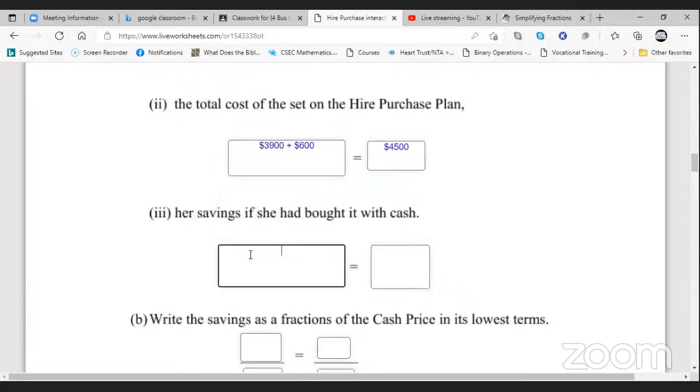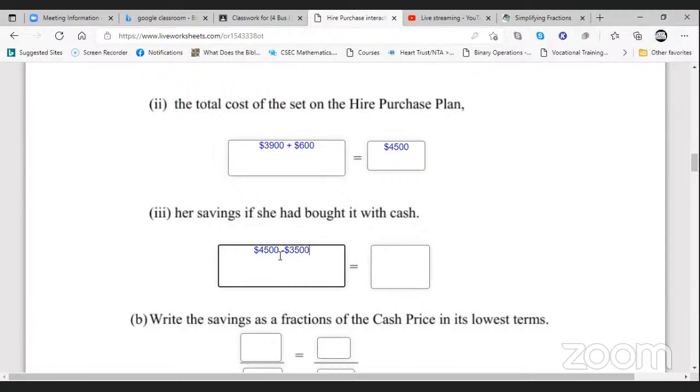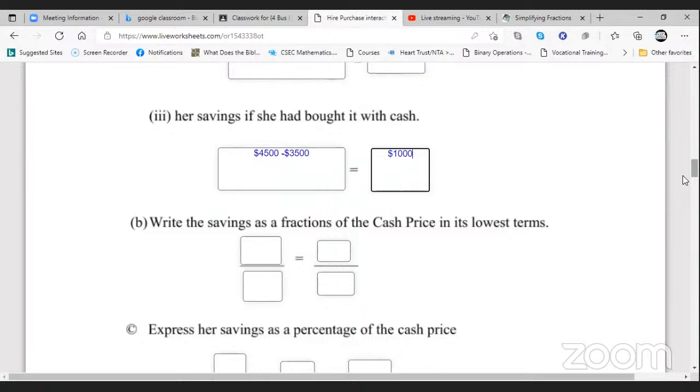How much is that? 4,500, take away 3,500, and our savings is $1,000. All right. Part B now.